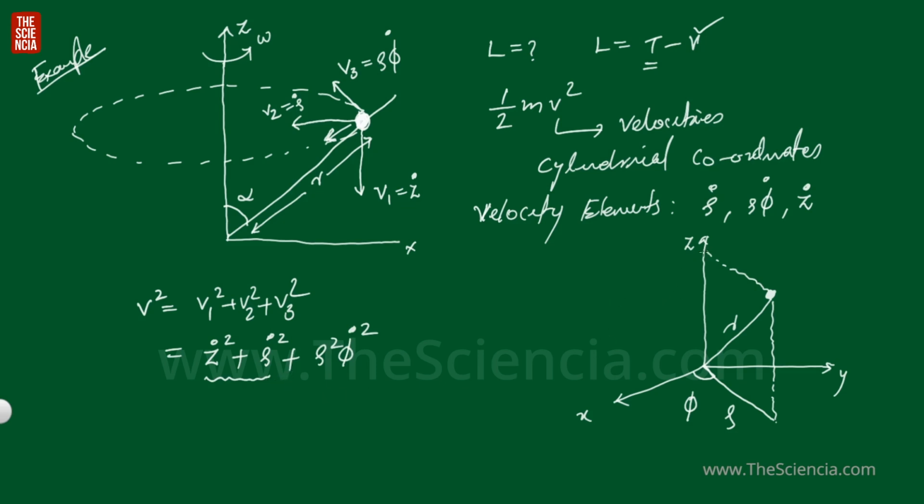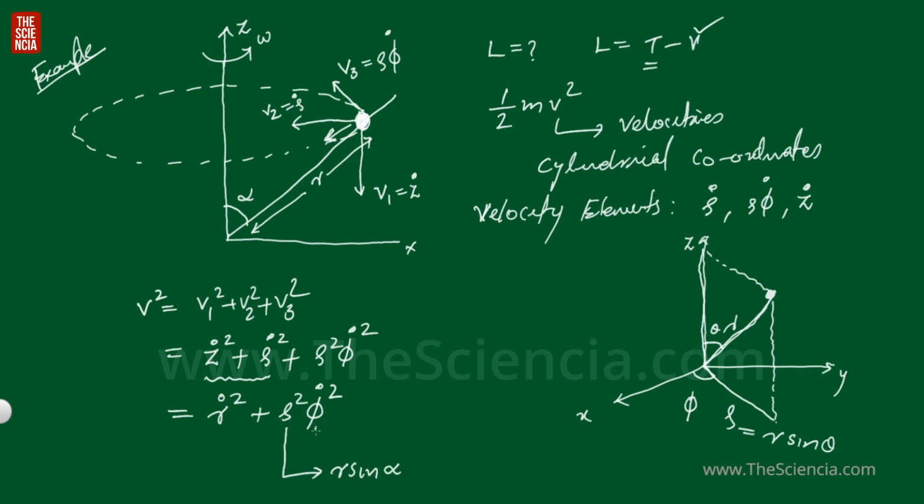If you check this figure, you can find out this r vector is the resultant of the rho coordinate and the z coordinate. So this is nothing but r dot square plus rho square phi dot square. Here you can see if this is the angle theta, then rho equals r sine theta. Similarly, we can rewrite this rho value, that is, here r sine alpha.